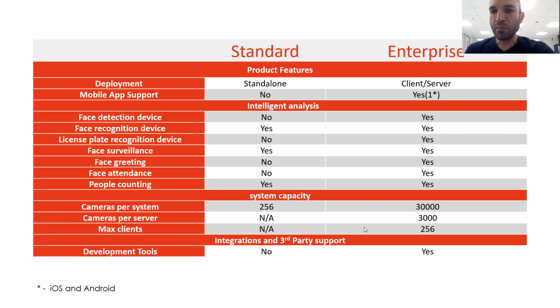Basically, we are talking about up to 3,000 cameras per server, and the maximum number of clients is 256. The enterprise version also supports development tools like SDK, so you can integrate the VMS or the video into third-party software. That's basically it. Like I said, the difference is more the platform, less the features.